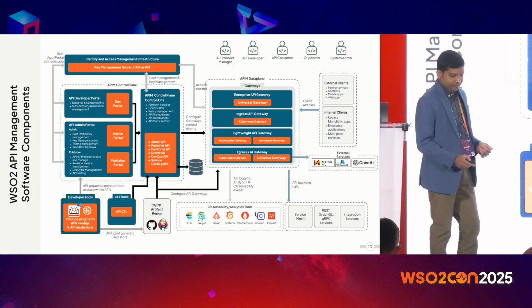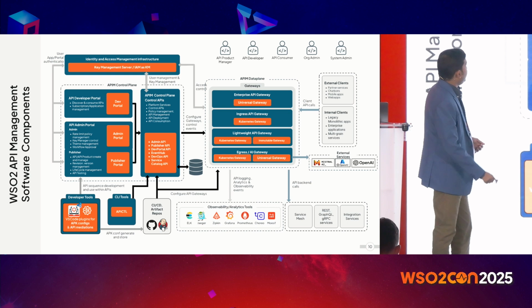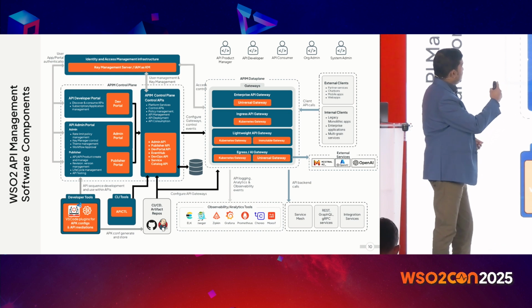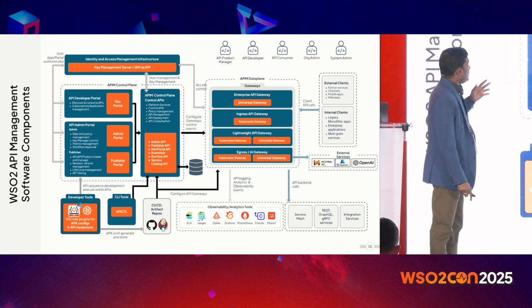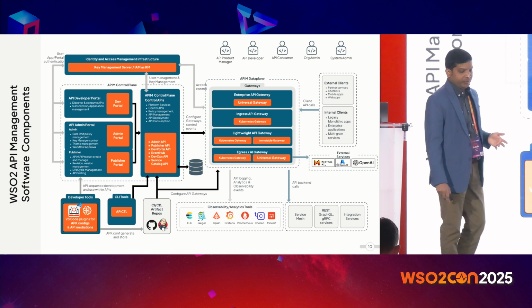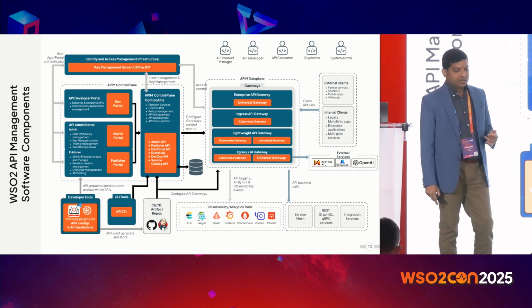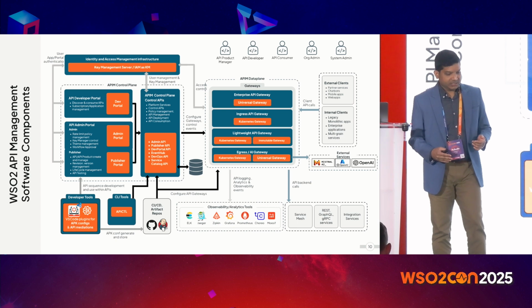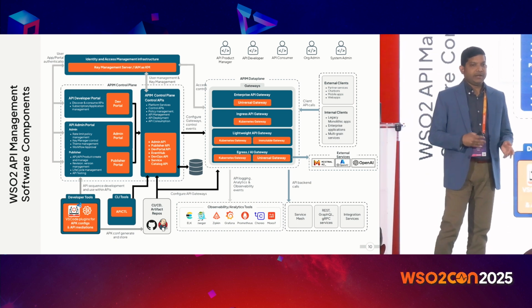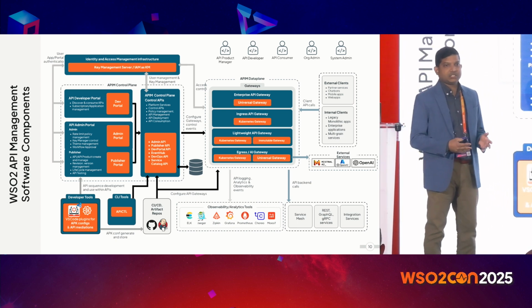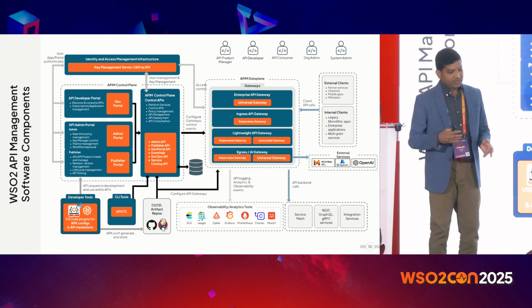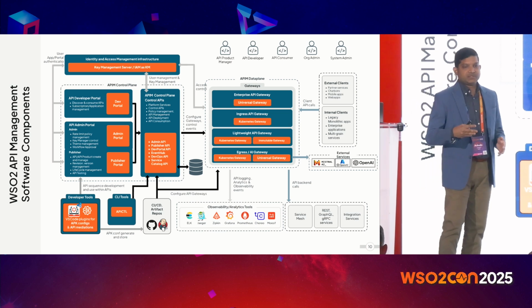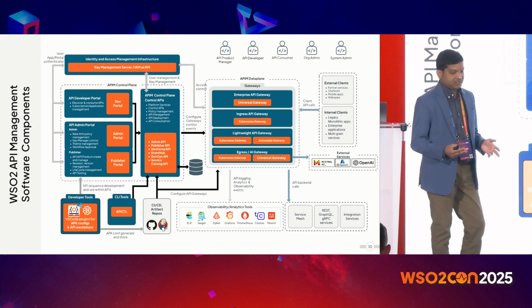And then we have the API control plane, which consists of the developer portal, admin portal, and the publisher portal. As I mentioned earlier, the publisher portal is where you create APIs, enrich APIs with documentation, add policies, do the lifecycle management, and finally the testing stage.